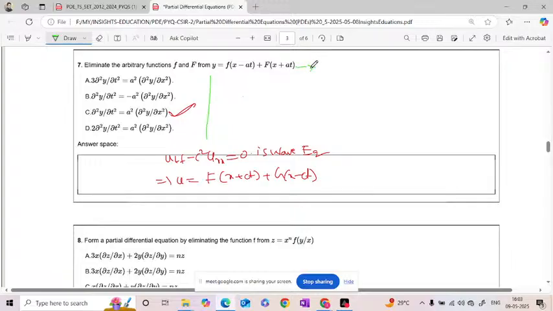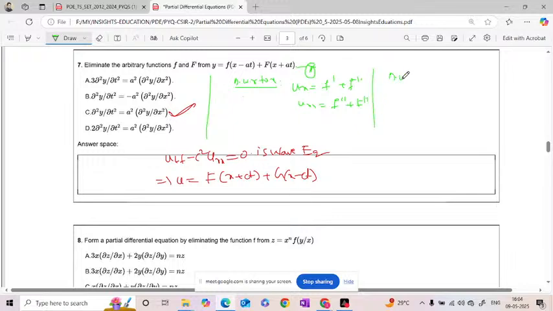Now assume equation star, differentiate with respect to x. After differentiating with respect to x, here we will get u_x is equal to f dash plus g dash. Similarly find u_xx, f double dash plus g double dash.